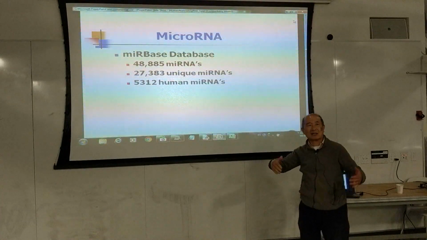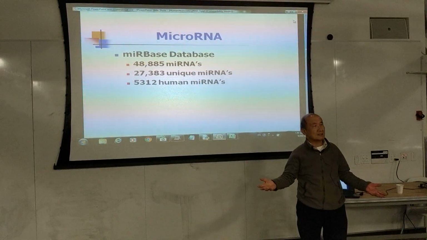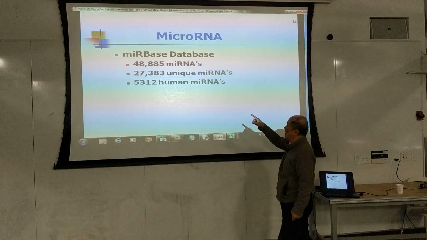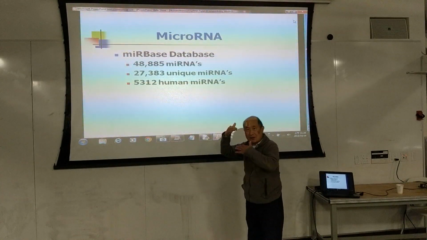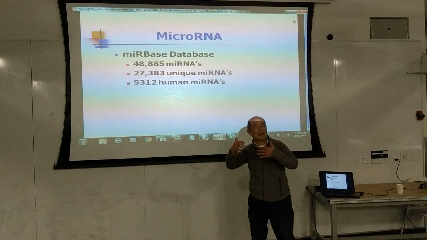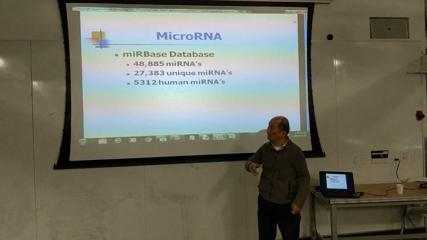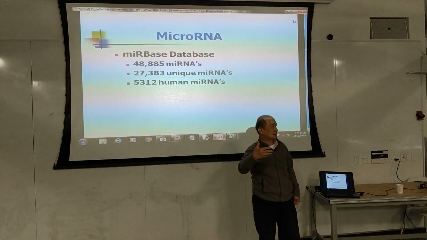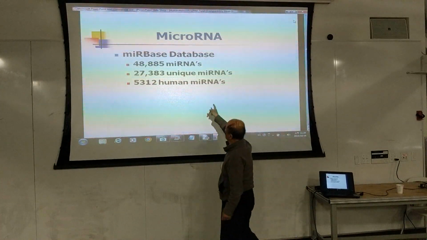It cataloged 48,000 microRNAs, and I went through the RNA list and did the same kind of inspection and found that only 27,000 are unique. Among these 48,000, only 5,312 are from human.